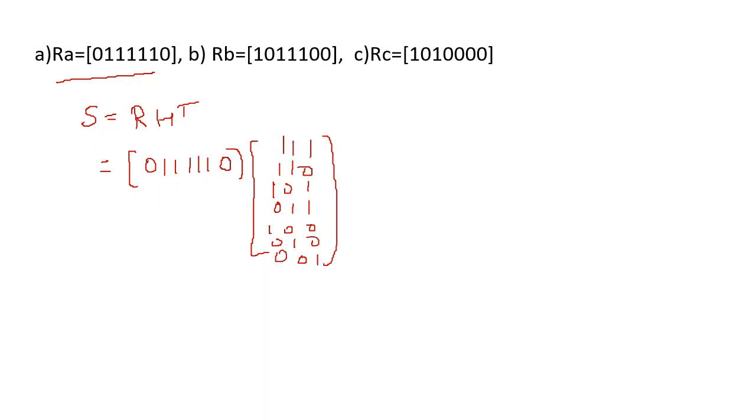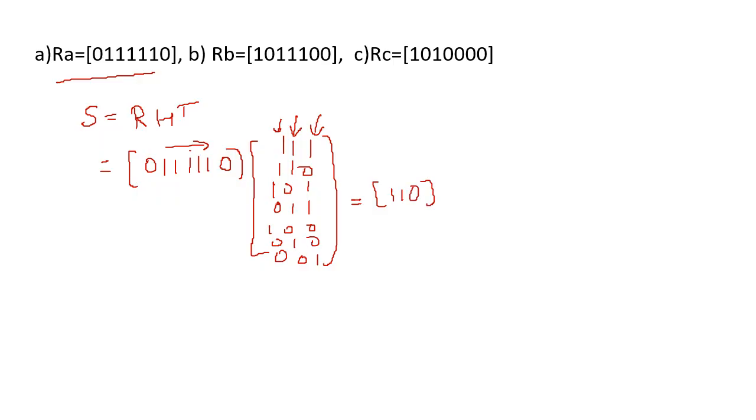After doing this multiplication, the first row multiplied with the first column gives the first bit as 1. Next, multiply the same row with the second column, and you get the next bit as 1. Similarly, R multiplied with the third column gives 0.